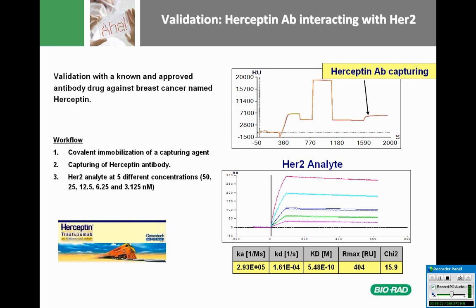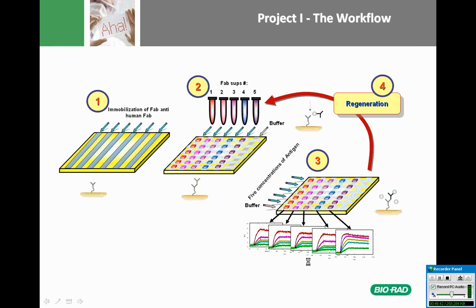So we purchased the Herceptin antibody and we captured the antibody and then injected different concentrations of HER2, which is the target antigen. We determined the binding constants, the Ka and Kd, to validate the system. So I will now describe the work done in those 4 sub-projects.